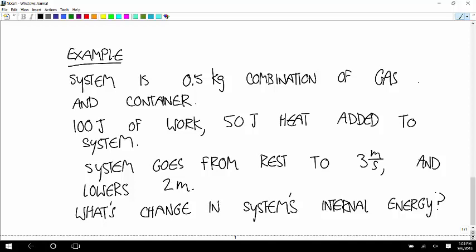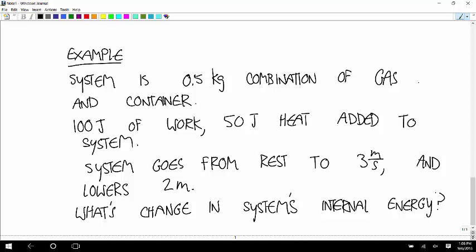Okay, well, maybe you can already notice just from the stuff that's given that we're going to be using an expanded form of the first law of thermodynamics.